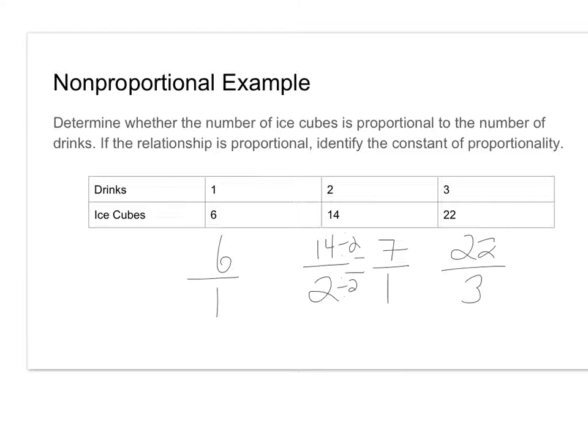So, in this example, if you get 2 right away that are not equal, then yes, you can be lazy and stop right there, because you know 6 ice cubes in 1 drink and 7 ice cubes in 1 drink is not proportional. I don't have to continue on with this table because 6 to 1 and 7 to 1 are not equal. And then there's no constant of proportionality if they're not equal.